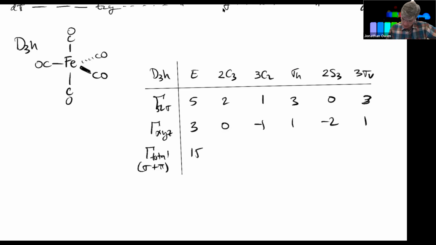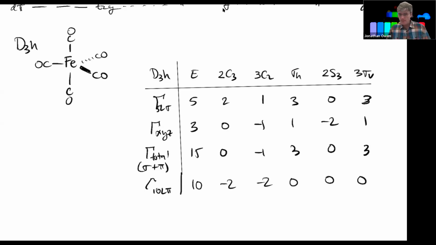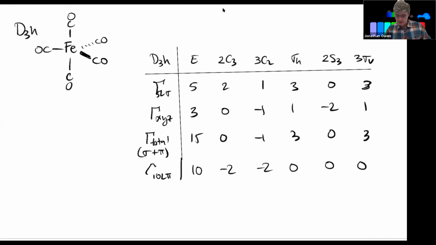So the product of these is 9, 0, -1, 3, 0, 3. And that means that the gamma 10 ligand pi is 10, -2, -2, 0, 0, 0. Okay, so we generated this 10 ligand pi piece, knowing that the sum of sigma and pi is the product of these two, right?